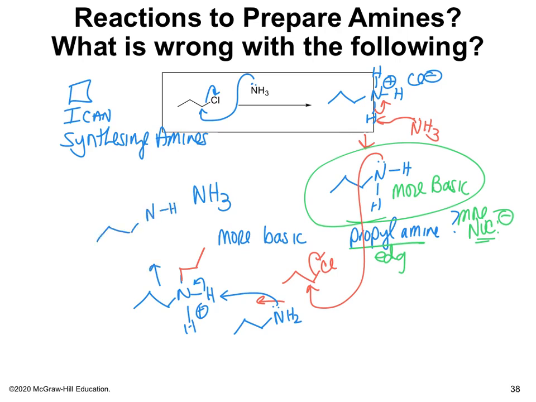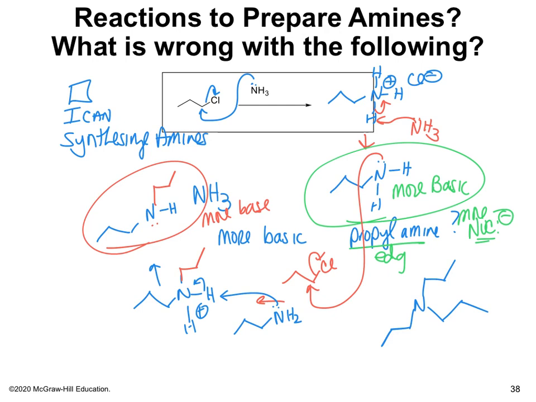And you have this compound, and then this is more basic than both of these. So it's going to react again. So basically you're going to get over-alkylation. And so the problem is this is a tertiary amine, if you deprotonate it.